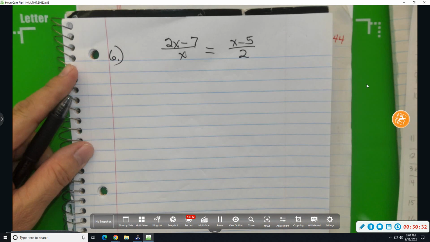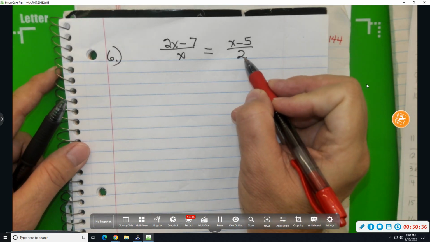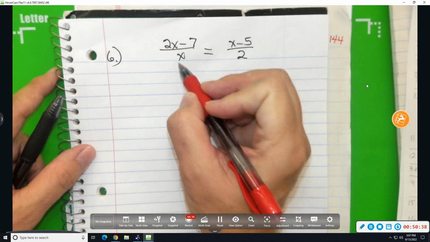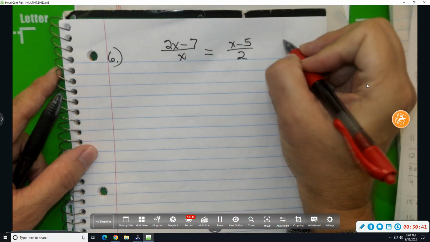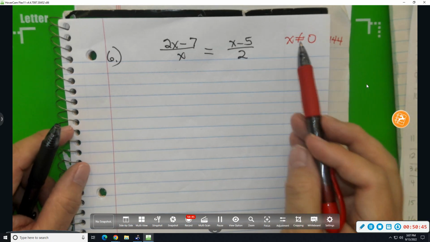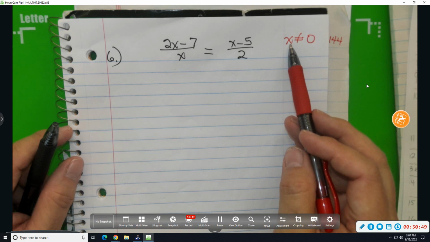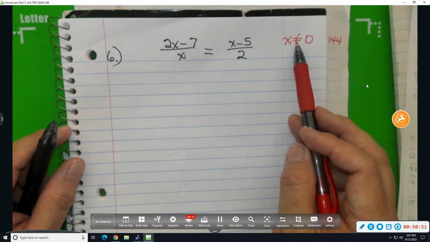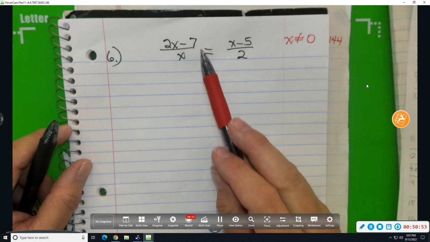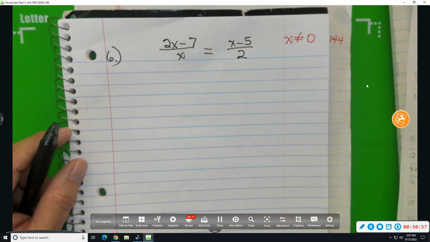This denominator here has no variable. It's going to stay at 2 forever, okay? But this denominator, you can't allow it to be 0. So what number can x not equal? There's not anything to solve for. You already have the x by itself. x cannot equal 0. If you plugged in a 0, you'd get negative 7 over 0, undefined.